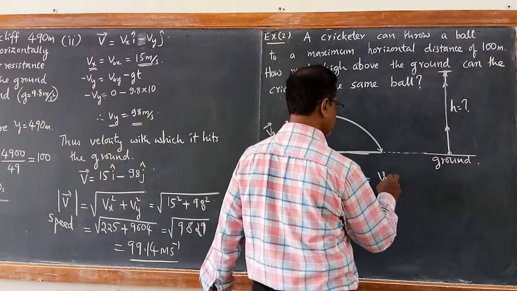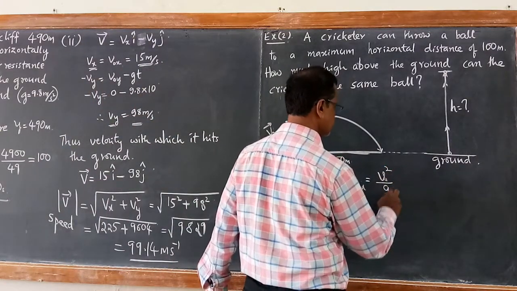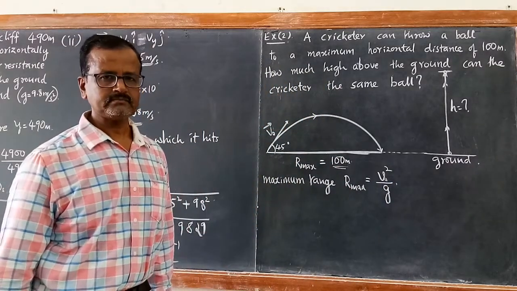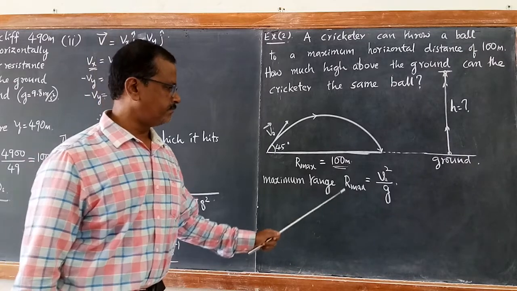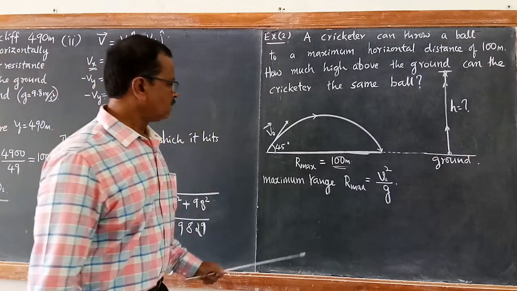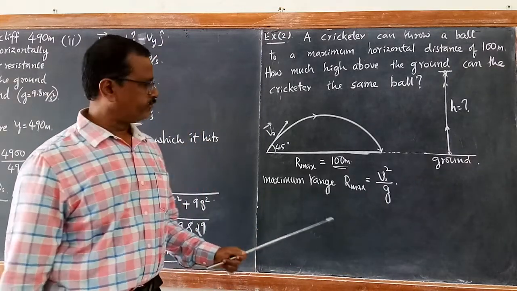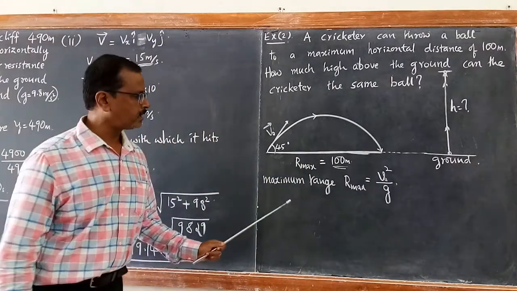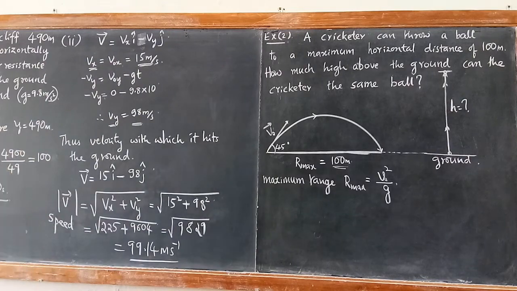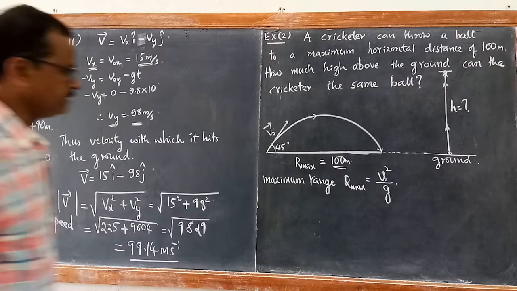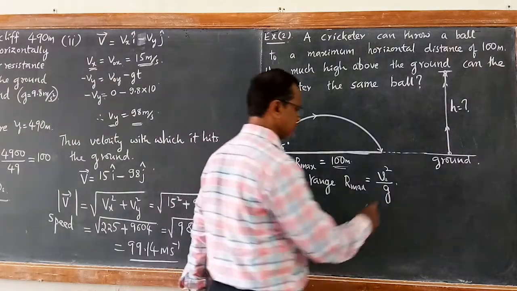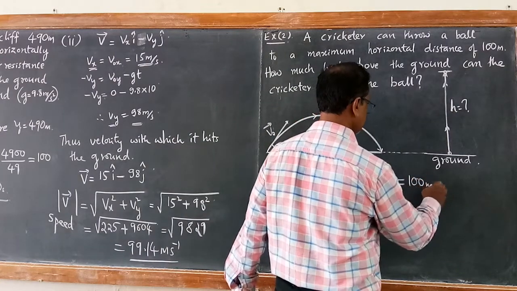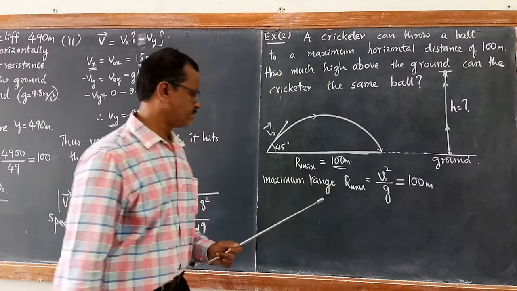Then it becomes v0 square upon g. Now, if it is thrown vertically upwards, how much vertical distance would it cover? In this, R max is given: R max is equal to 100.